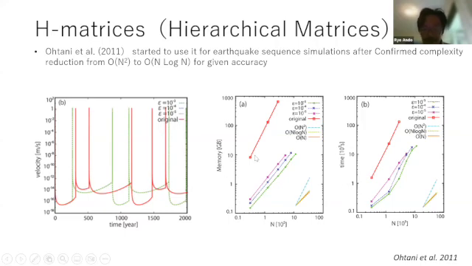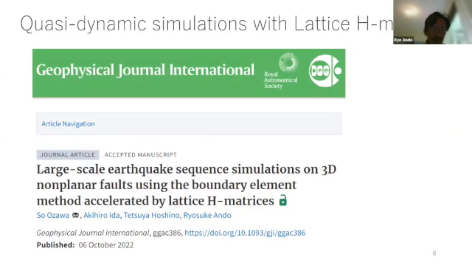The original boundary element method has an n squared dependence, but H-matrices show a reduction down to the order of n log n. So we are motivated by her success.